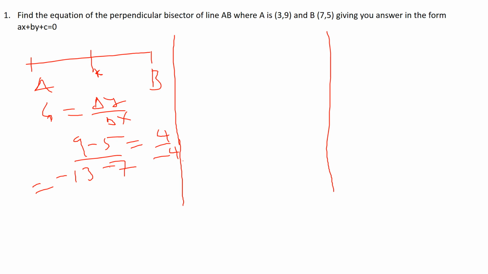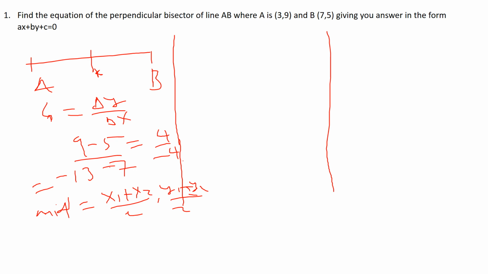We need to get that midpoint there. We know that the midpoint is x1 plus x2 divided by 2, which will give our new x, and then y1 plus y2 divided by 2.